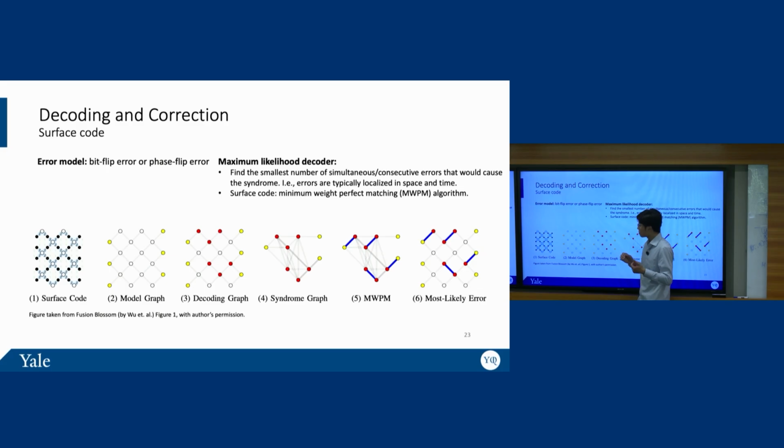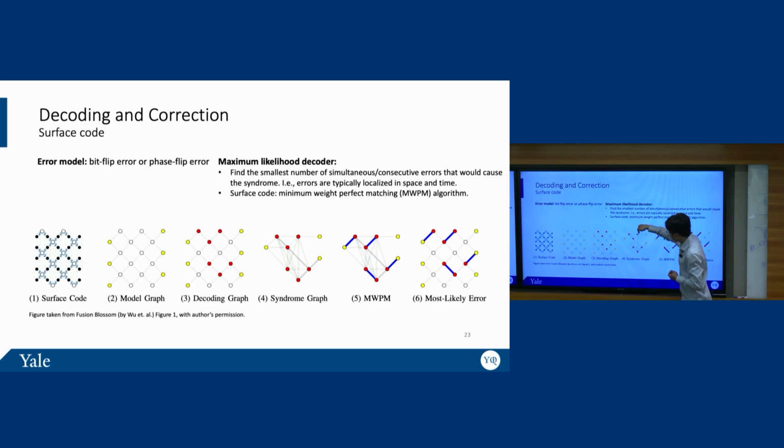And as you were also doing in the previous slide, because an error could cause both neighbor flags to raise, you're trying to match up the 2 flags that are close to each other. So it's like a matching problem. This edge means that the data qubit sitting in between these 2 flags must have an error for both of them to raise a flag.